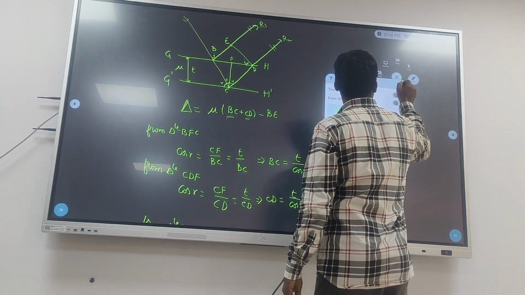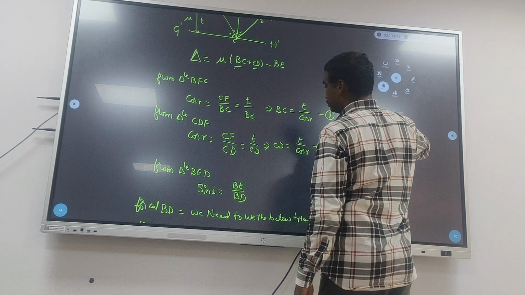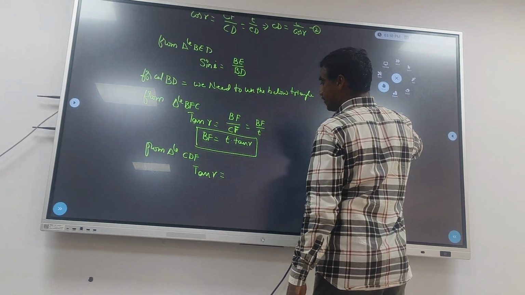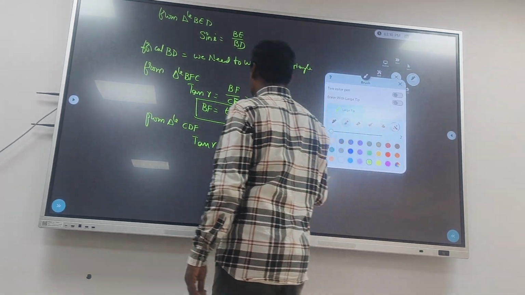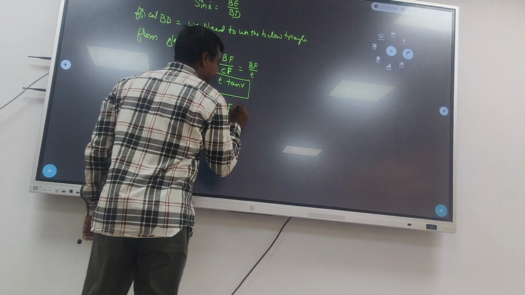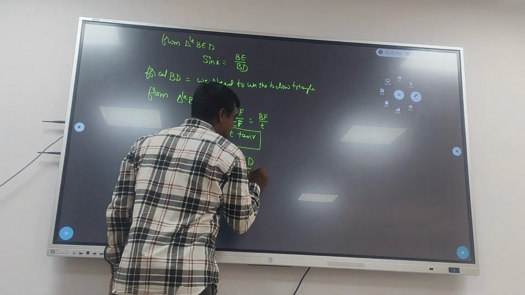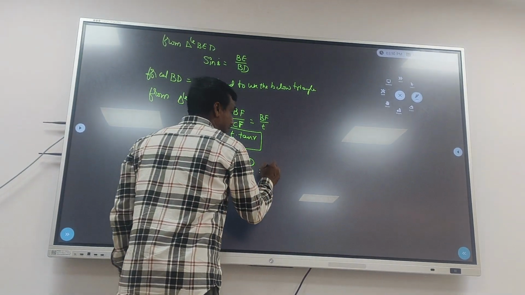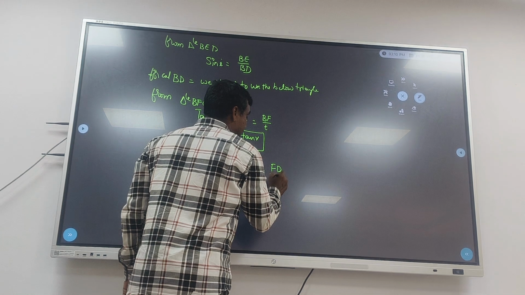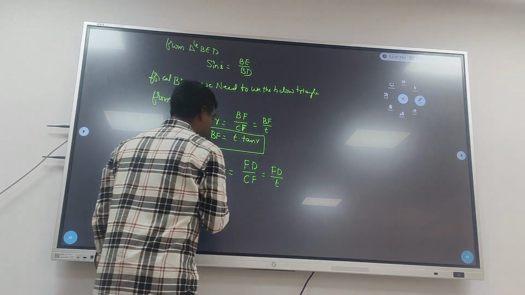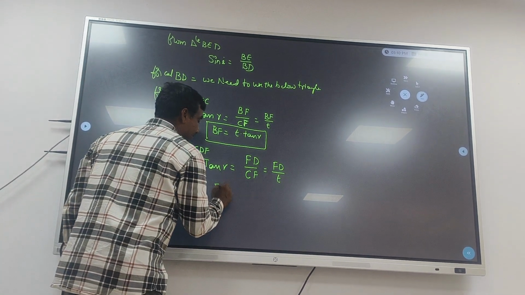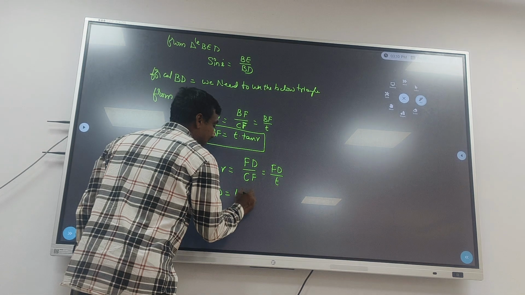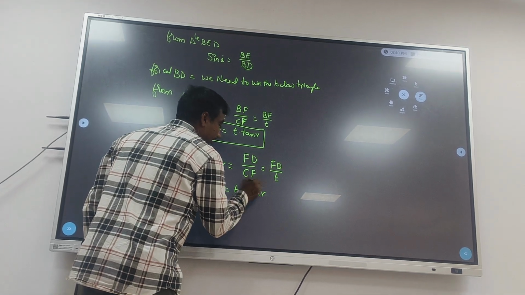So tan r is equals to FD by t. So this is nothing but FD value is equals to t tan r.